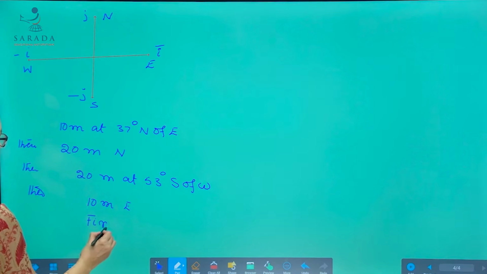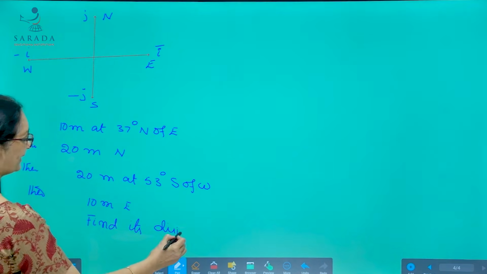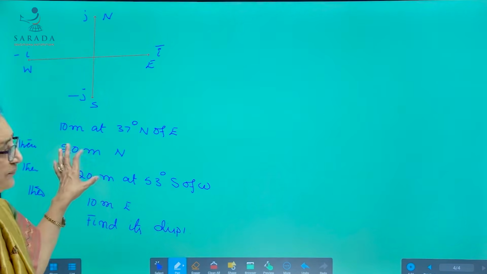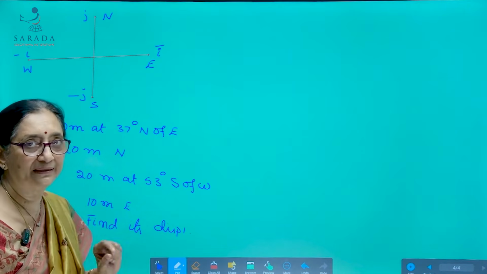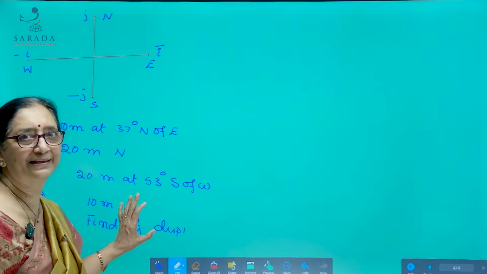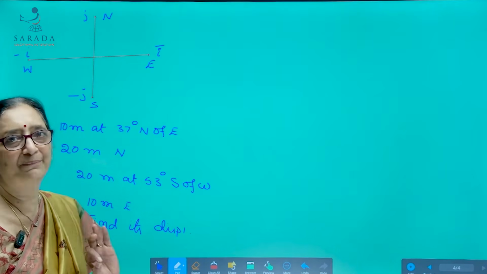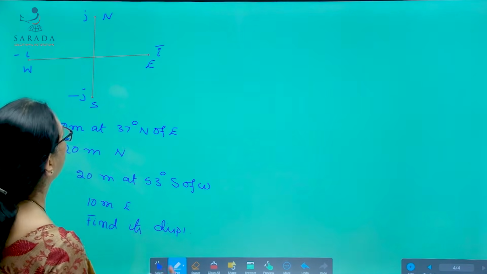Find its displacement. If you draw the diagram and do that, the problem looks complex. But in the vector, if you take all these things in vector notation, the problem becomes simple. So I am telling you the simple method to find the displacement.